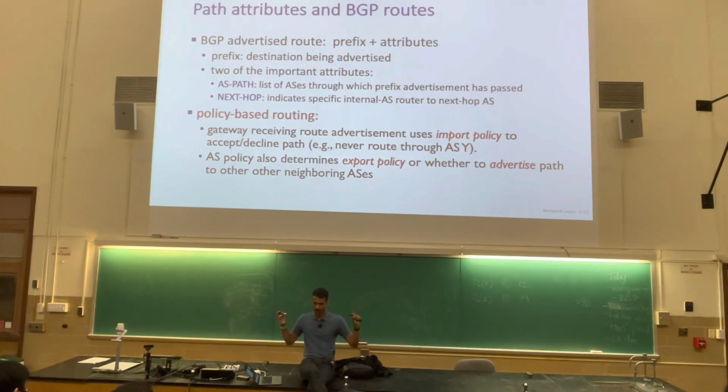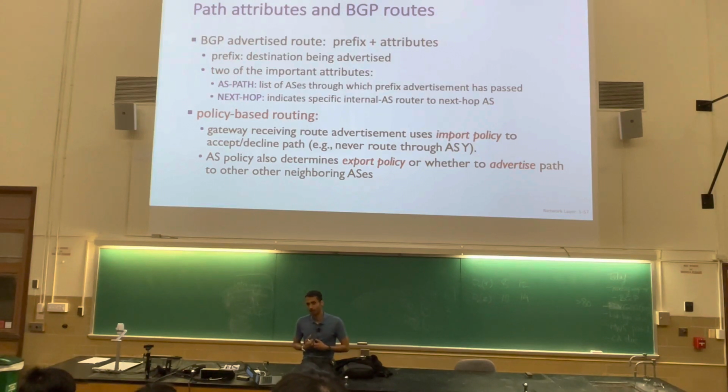AS path is literally what it says. So AS43, AS21, AS19, and then X. That's a route that is being advertised in these BGP advertisements. It's saying you go through AS43, AS21, AS19, and go to X. That's your AS path. Next hop is a specific internal AS router to get to the next hop AS.